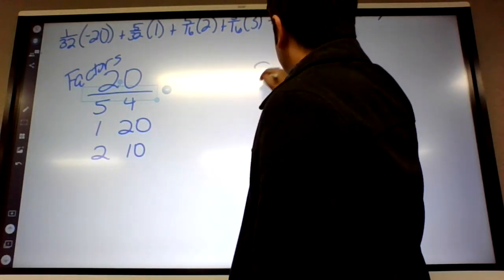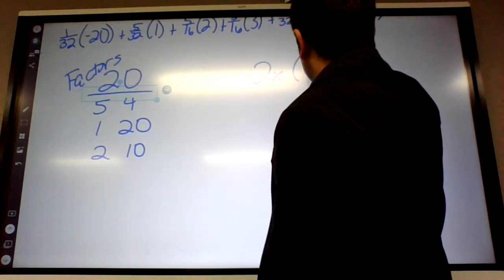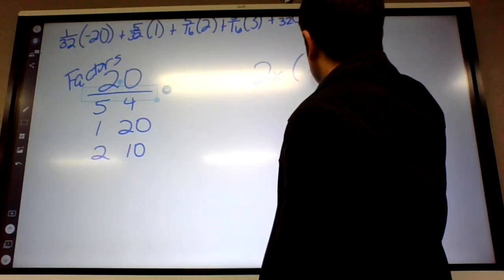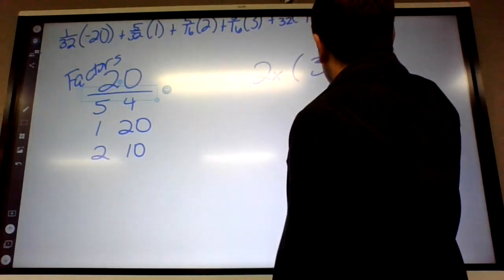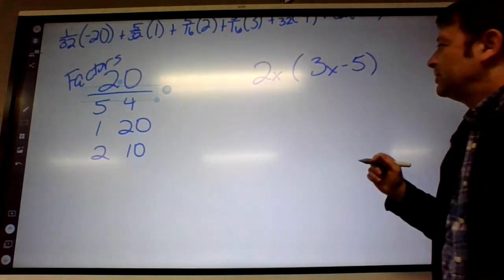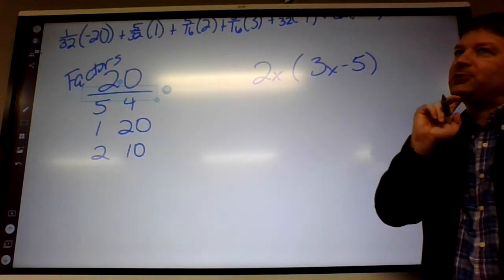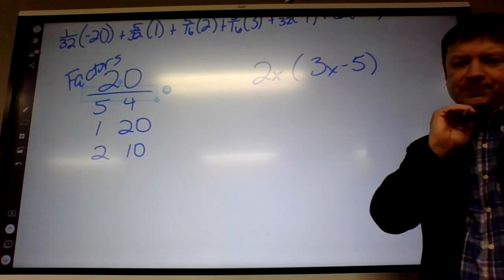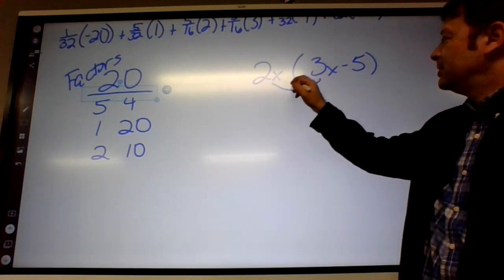Okay, and then this is not factoring, but I want to look at it for a second. If I were to simplify this, what would I do? Distribute.